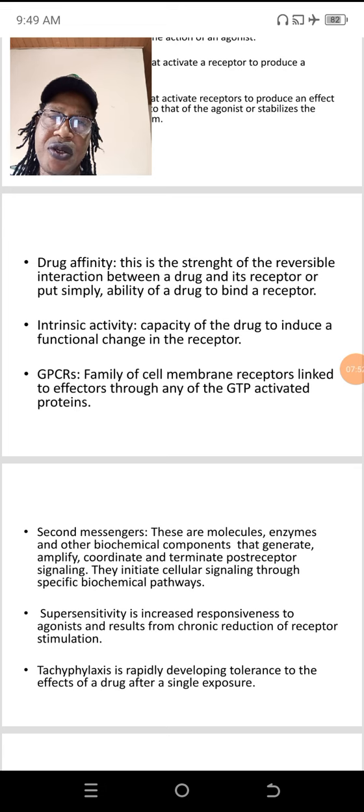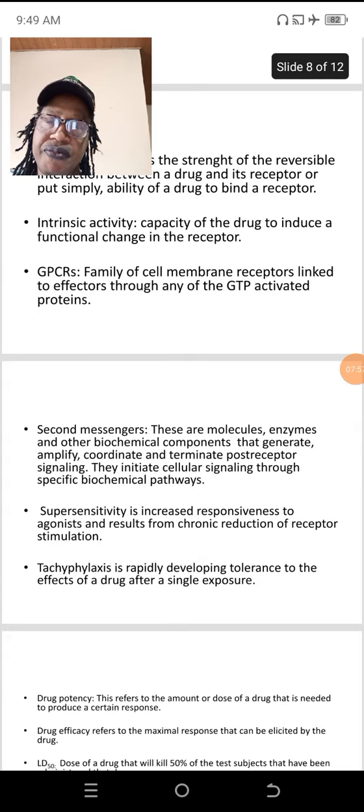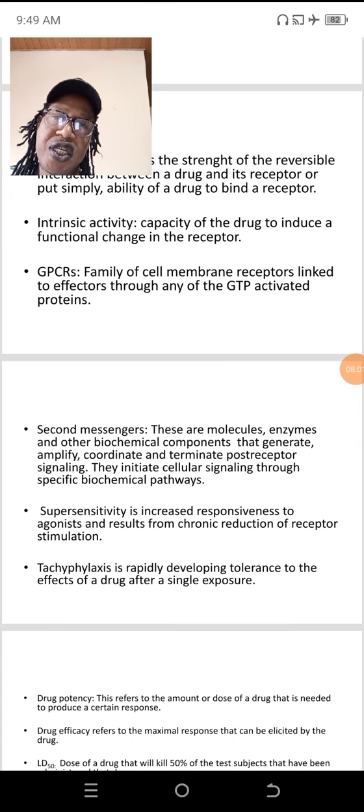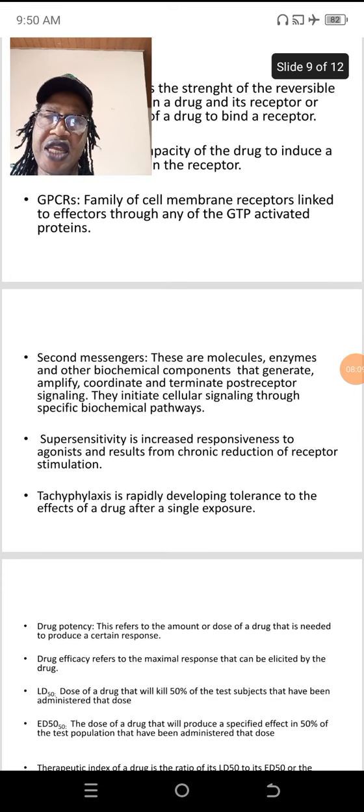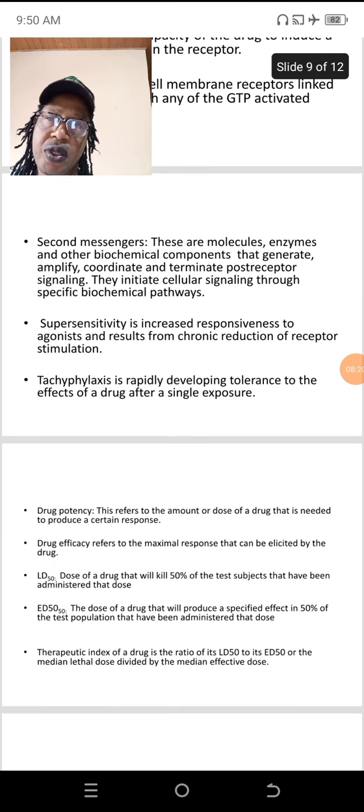They initiate cellular signaling through specific biochemical pathways. Supersensitivity is increased responsiveness to agonists and results from chronic reduction of receptor stimulation. Tachyphylaxis is rapidly developing tolerance to the effects of a drug after a single exposure.